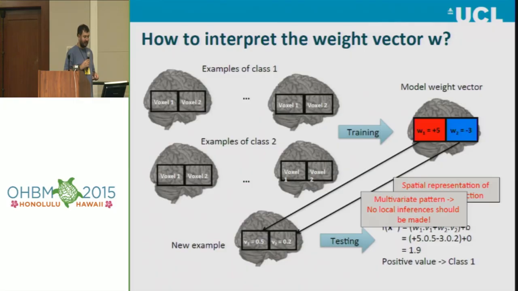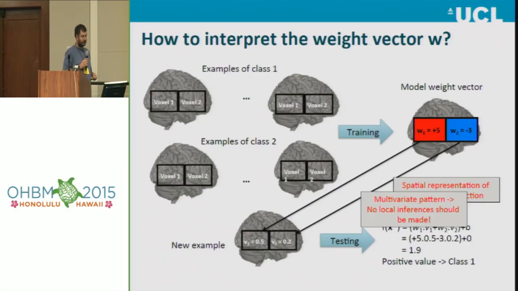Unfortunately you can't quite see the working out there, but all we're doing is the dot product, the weighted sum of the weight vector and the voxel intensities. This gives us a predictive score, which is 1.9, and because it's a positive value, we associate this with the first class.